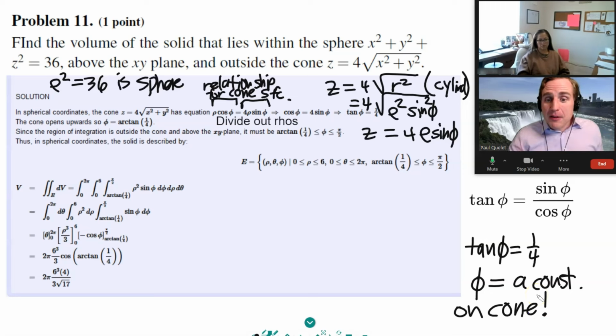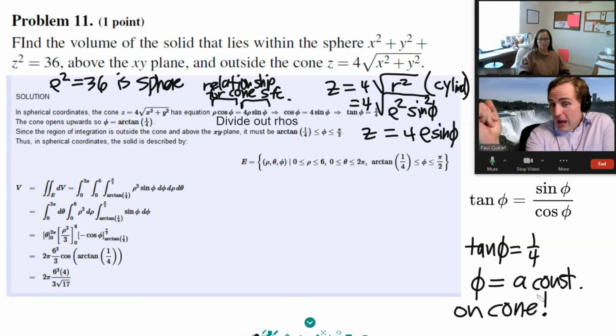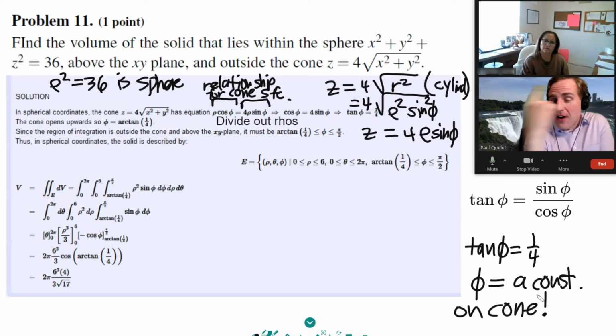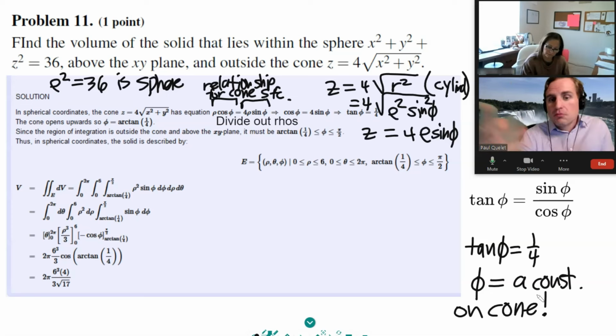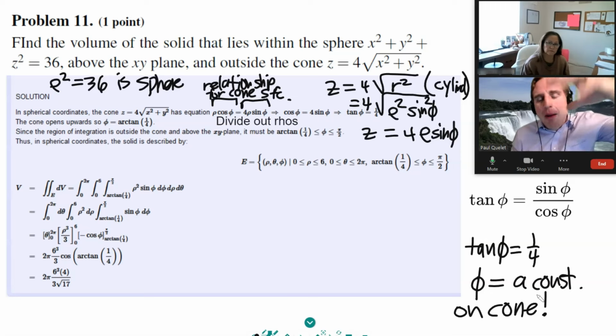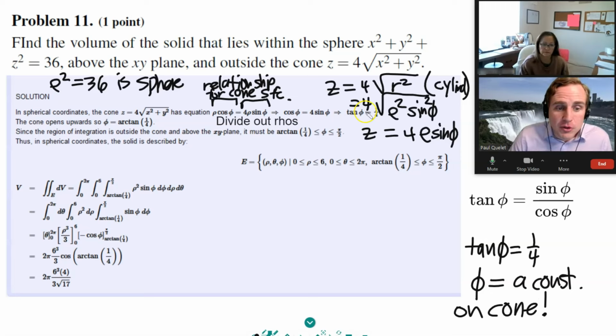There's a certain angle, phi, and that defines the cone everywhere on the cone, at least on the outside surface of the cone. Don't worry about the top cap yet. We'll get to that. Okay? But anyway, just for the cone, that's what you have right here. Now, by the way, tan phi equals 1/4. That's not going to be a nice value from the unit circle. It's just whatever it is, right?